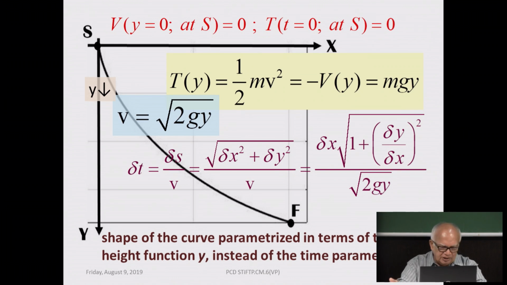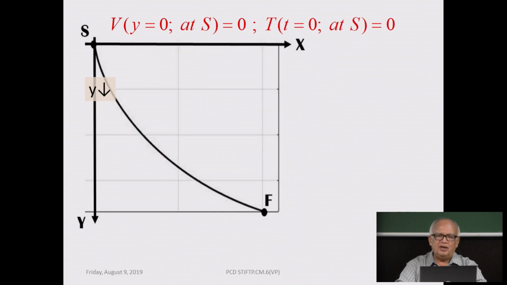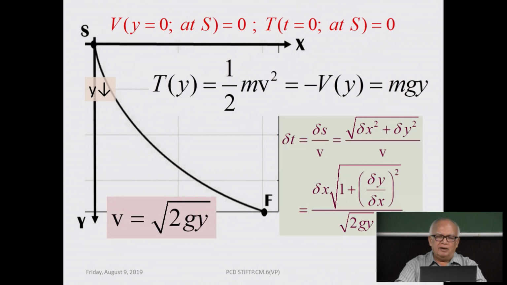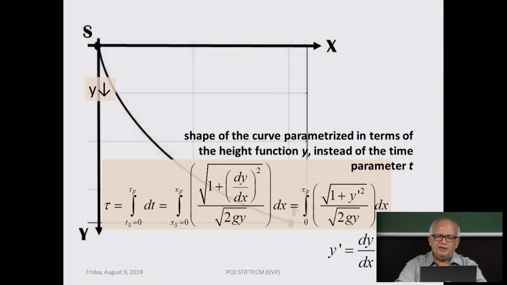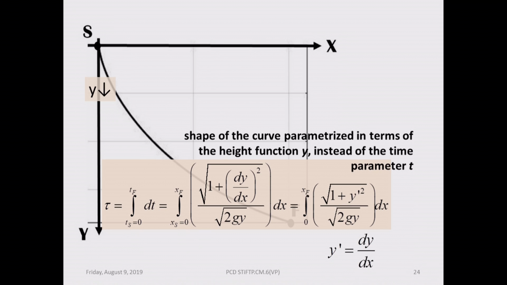Okay, you're interested in finding what is the least time it would take, but you can ask how will y change with x so that this will be the least, so that delta t will be the least, okay? So this is the question that you are developing, right? And the shape of the curve is parameterized in terms of the height function.